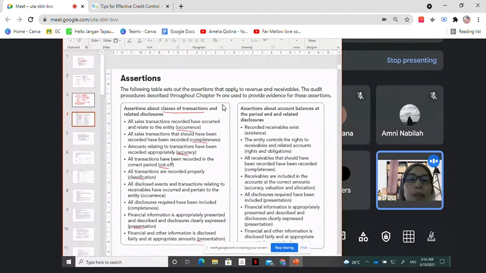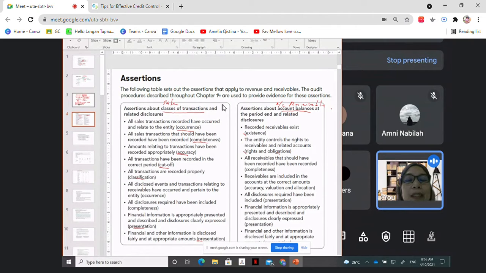While talking about account balance, this is related to the account receivable. So recorded receivable exists, that is existence, and the rights and obligations.